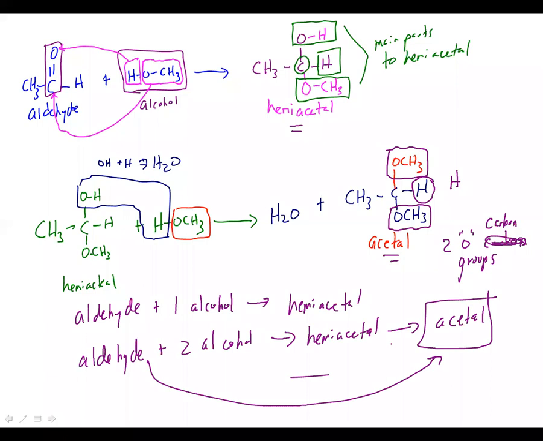And really the difference is if you added the two alcohols, what you would do from your original molecule is you would break that double bond to a single bond, and you would add this part of the alcohol twice.